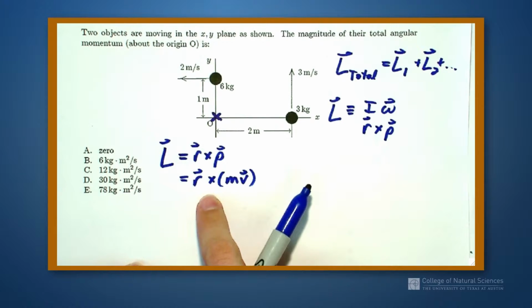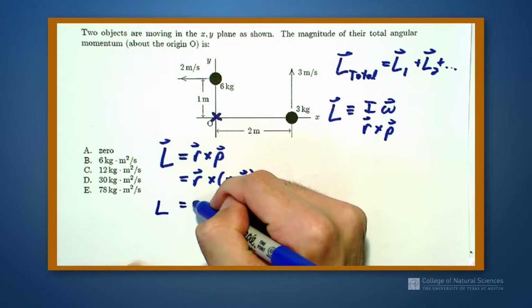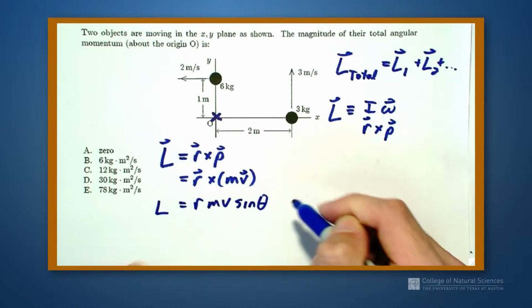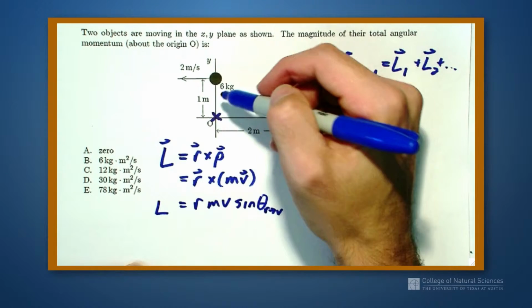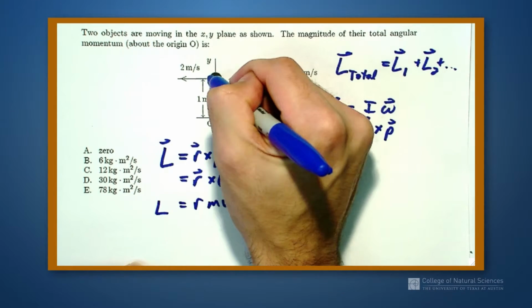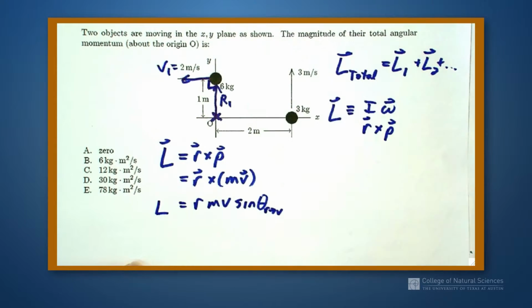And I need to know that the magnitude of this value is going to be r m v times the sine of the angle between r and v. Well, one of my r's, r1, points straight up, and v1 points straight over, and they're at 90 degrees. So this angle right here is 90 degrees, and the sine of that angle is 1.